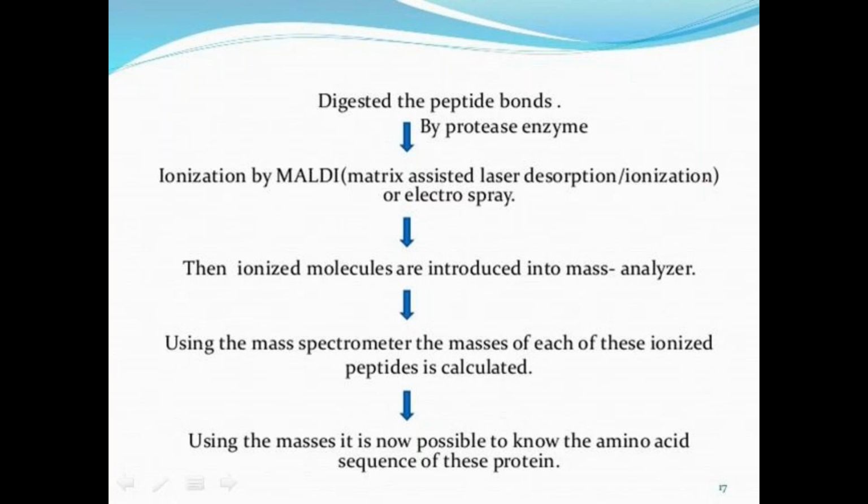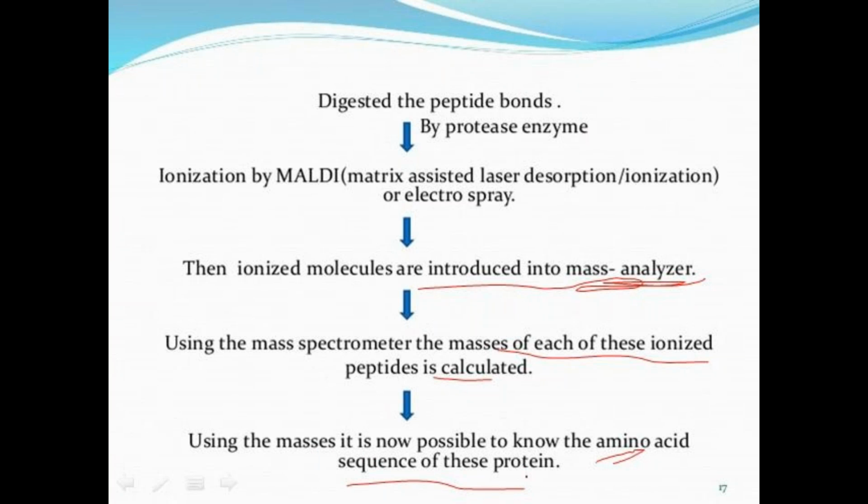Then these ionized molecules are introduced into the instrument called the mass analyzer. This mass analyzer determines the masses of these ionized molecules, the ionized amino acids or ionized peptides. By using these masses, it is now possible to know the amino acid sequence of the protein.